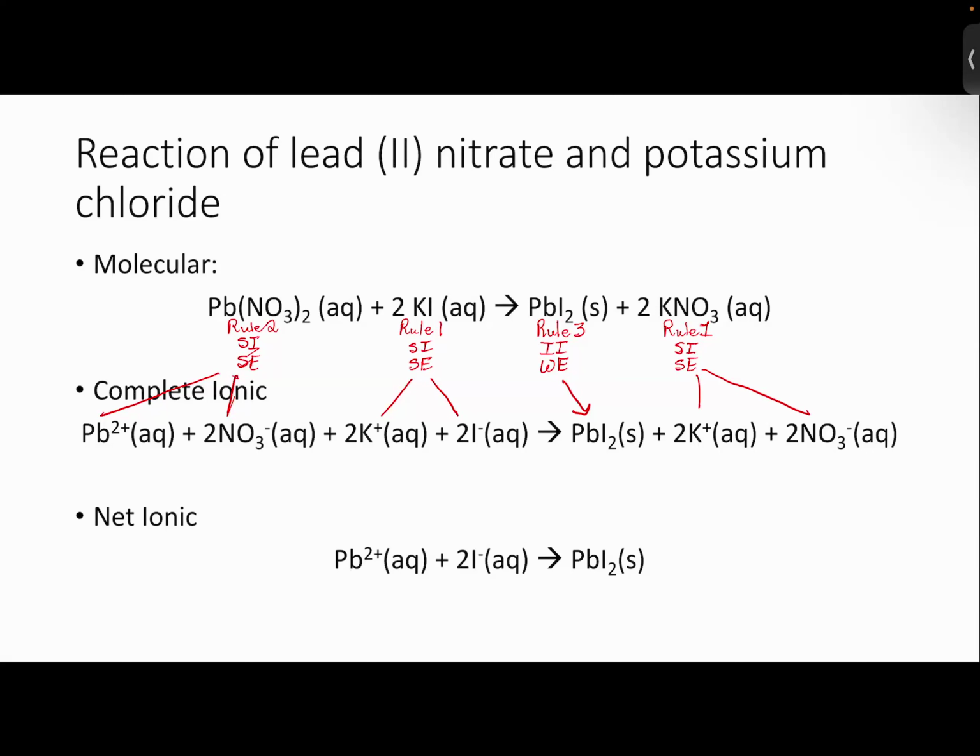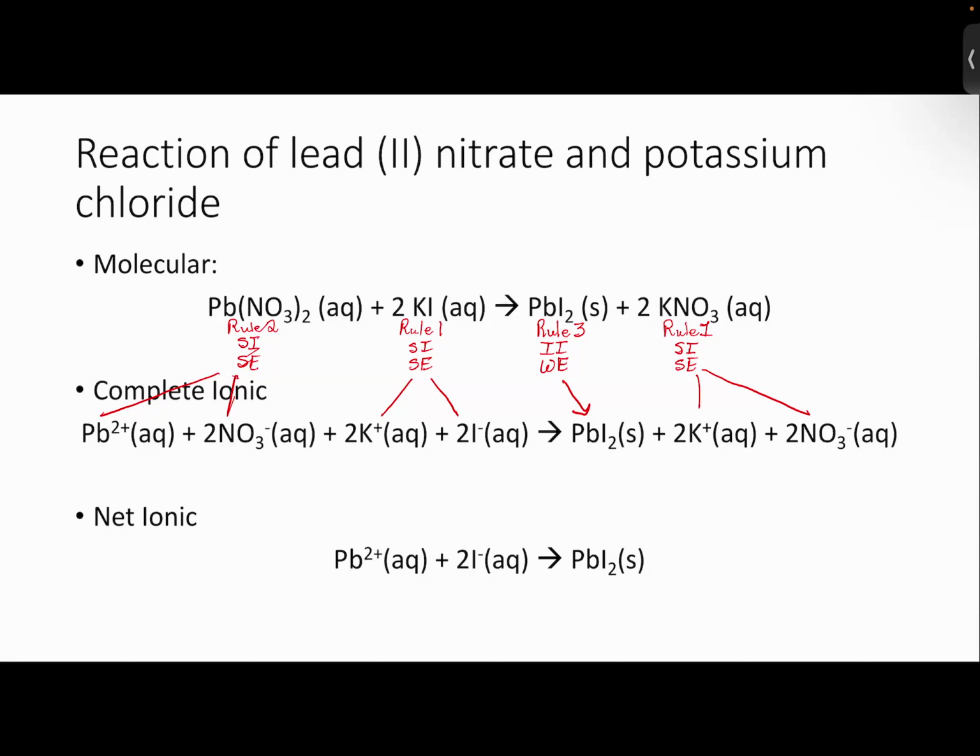Notice again that the coefficient of 2 was distributed among both the ions because that 2 coefficient means that there's 2 of those formulas. So that means that there's 2 potassiums and 2 nitrates. Now, to go from the complete ionic to the net ionic, we remove spectators.